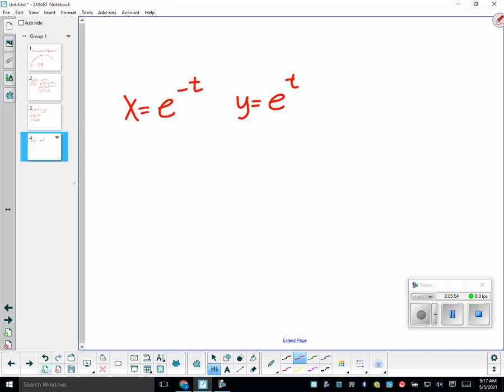You would change it into... I don't have to solve this for t, because do they both contain e to the t? Yeah. So could I say x equals e to the t to the negative 1 power?